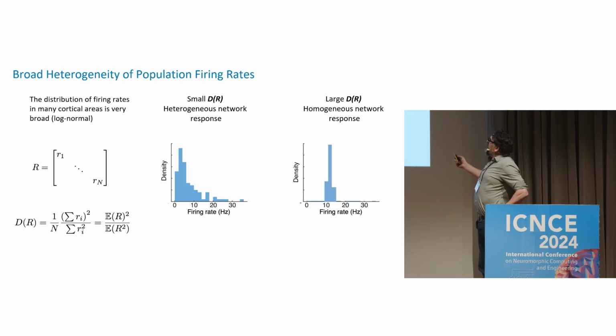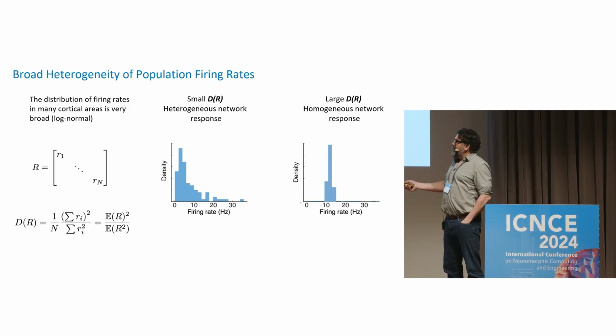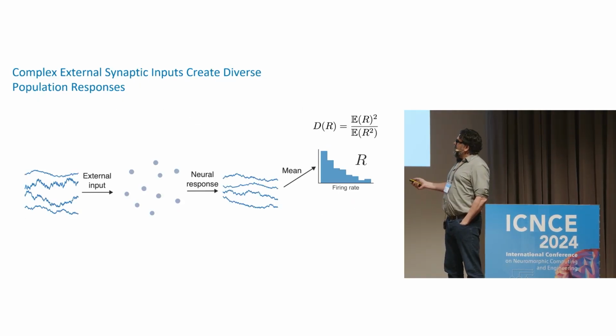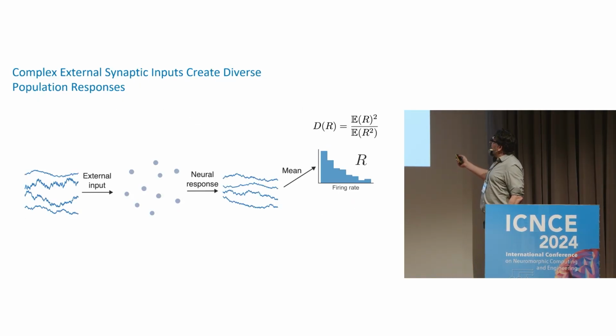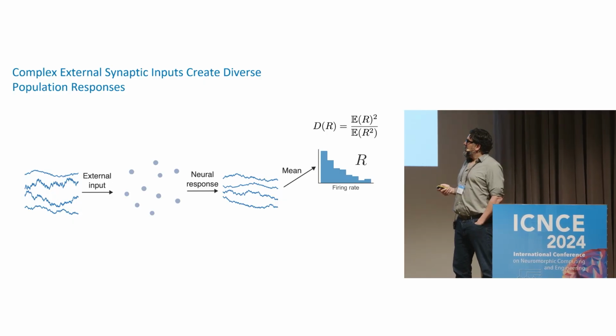If all the neurons fire exactly the same, 10 hertz, 10 hertz, 10 hertz, then it's close to 1. And if neurons have a broad distribution of firing rates, like we tend to see in the brain, this measure will be less than 1 here. So if we want to come back to this picture, we're going to measure the complexity of a neuronal response by just computing this D of R here, this dimensionality measure of firing rates here.